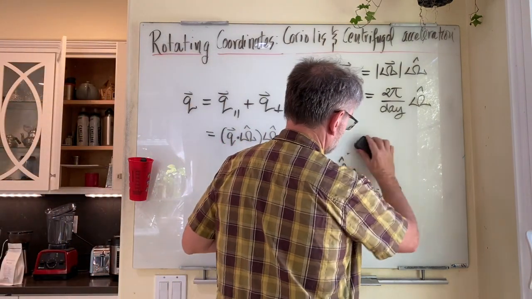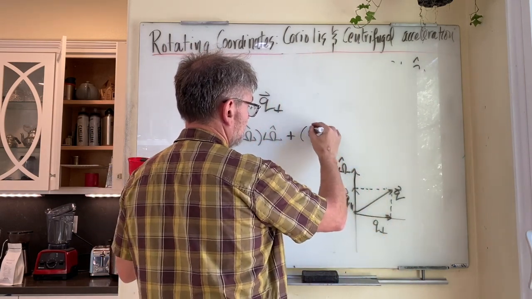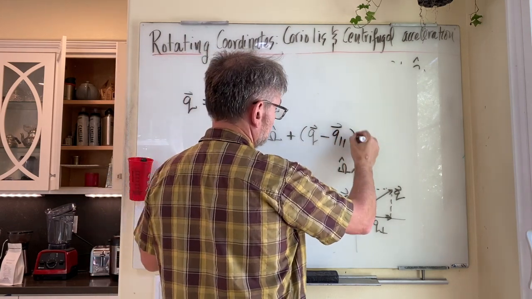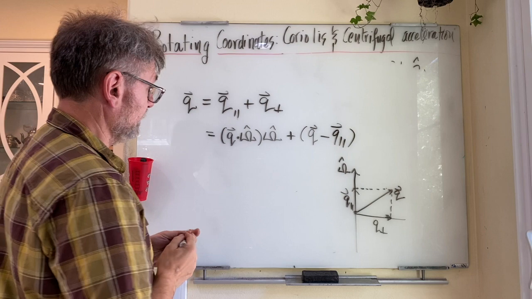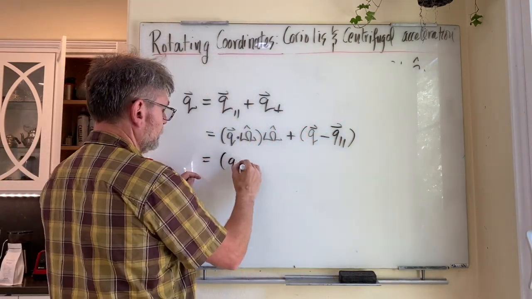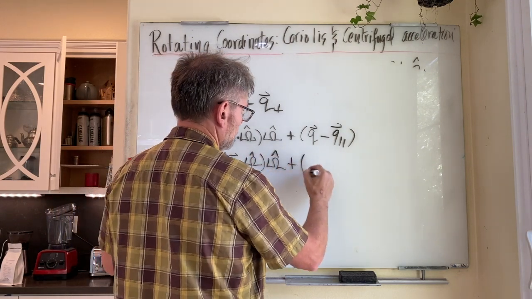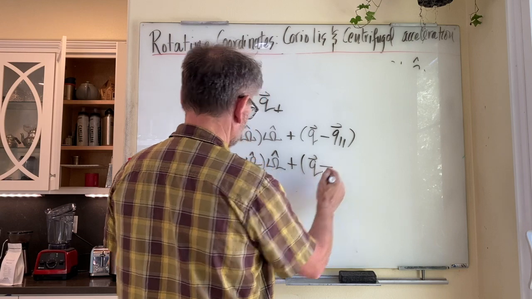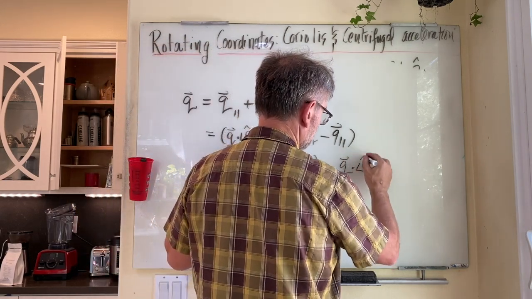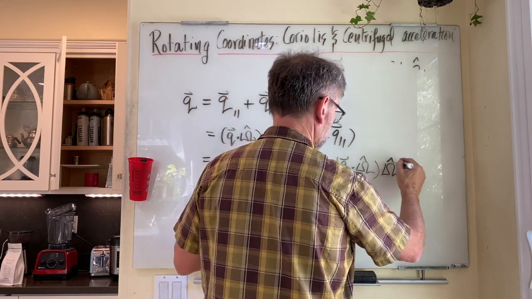So it will be q minus q parallel, and that is equal to, then I can sub in, q dotted with omega hat times omega hat.